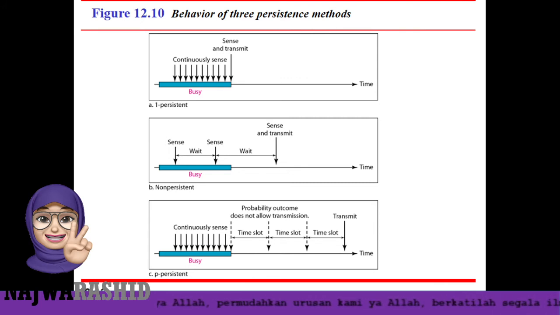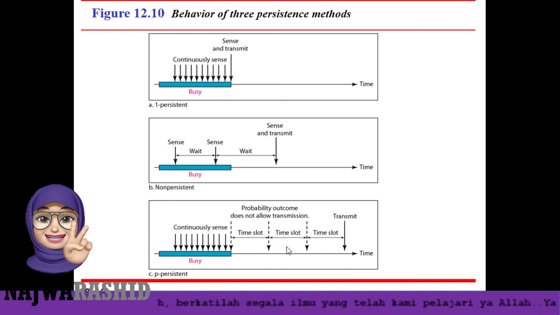For the third strategy, which is p-persistent, the station will continuously sense the medium or the link or the line in the transmission medium. It is busy until this point, where it identifies that it's idle. The line is not busy, but the probability outcome does not allow transmission. It needs to wait for a certain time based on the time slot.